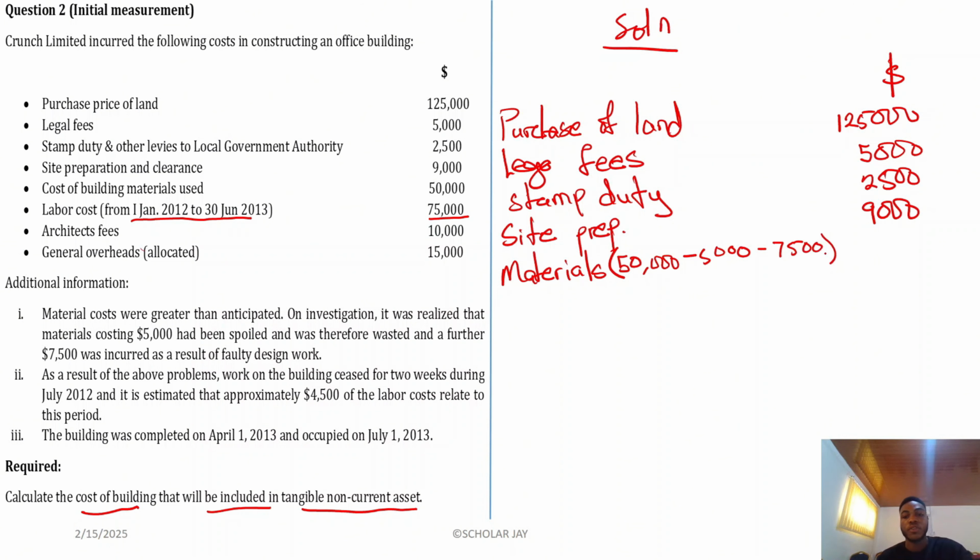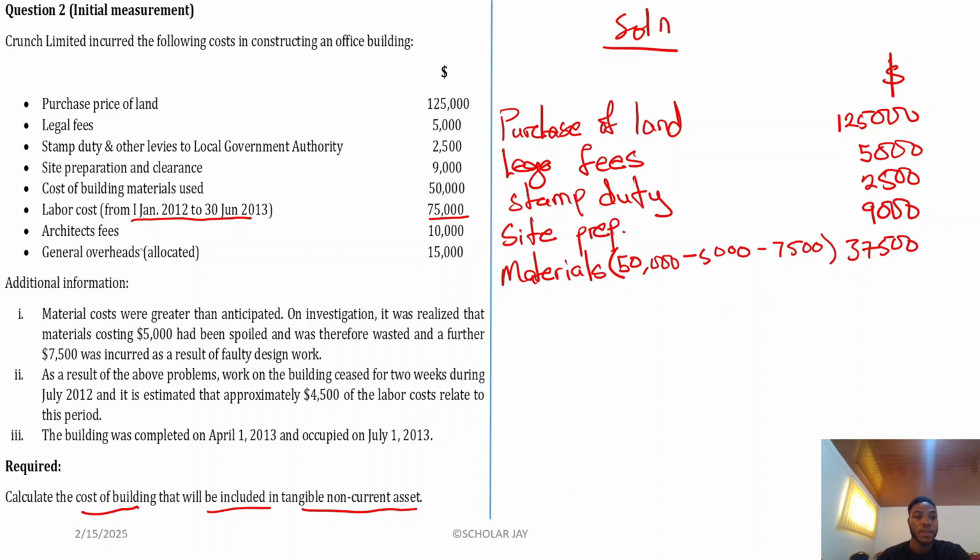You agree? So 50,000 minus 5,000 minus 7,500. That will be 37,500. So 37,500. I hope you are staying with me.